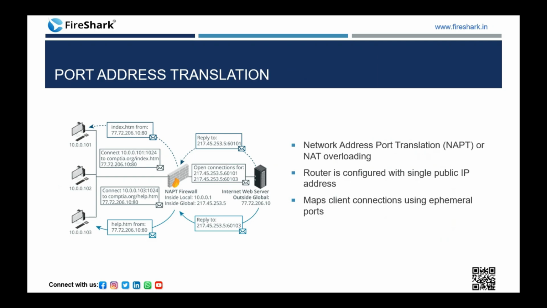Okay, so how does PAT work? It works by dynamically assigning each new connection a unique ephemeral TCP or UDP port. To illustrate, imagine two hosts, 10.0.0.101 and 10.0.0.102, initiating web connections at the same time.